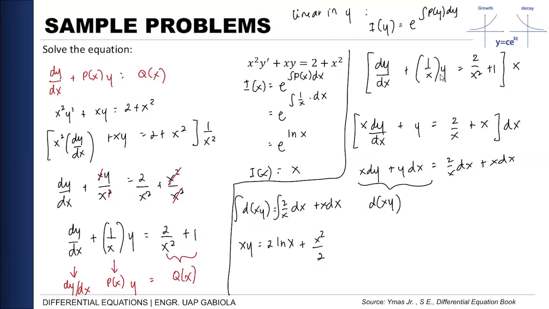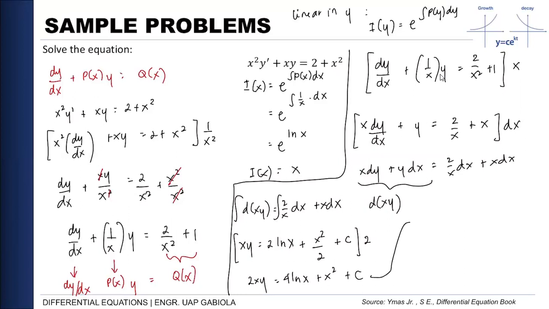Then, don't forget yung ating c as our integrating coefficient or constant. Okay? Then we can multiply this by 2. We have 2xy equals to 4 ln x plus x squared plus c.